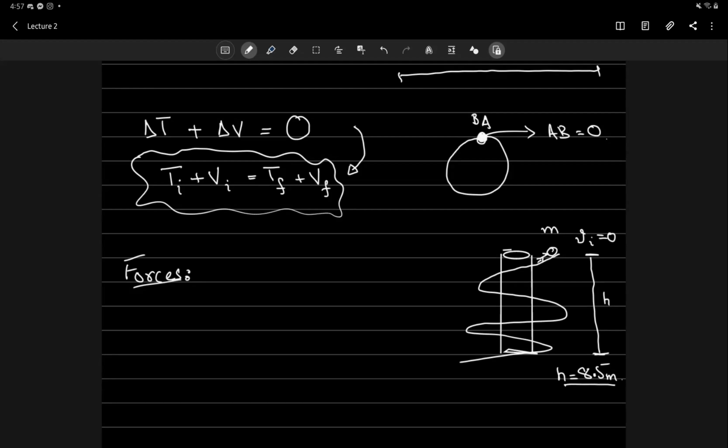But is the normal force doing any work on the child? No, it's not doing any work, because it remains perpendicular to the direction of motion of the child, right?